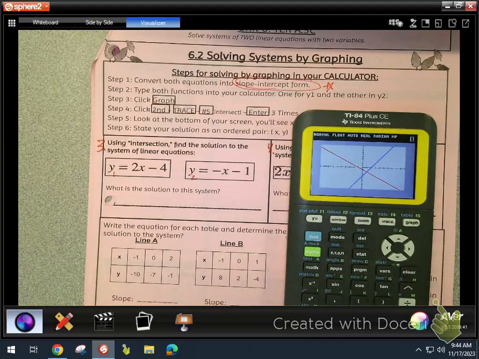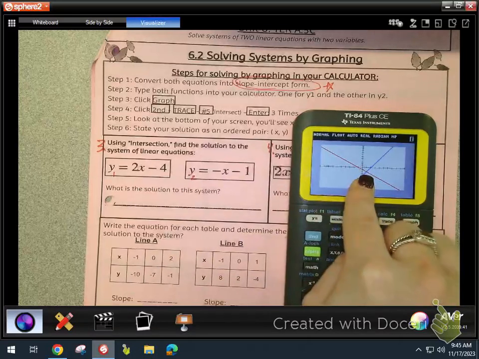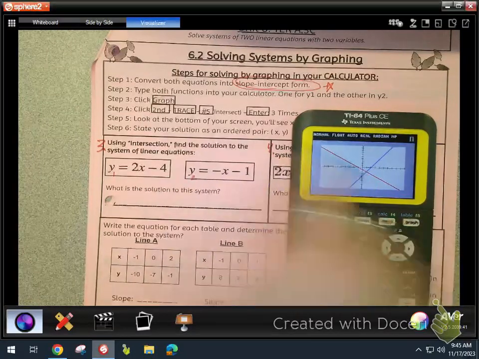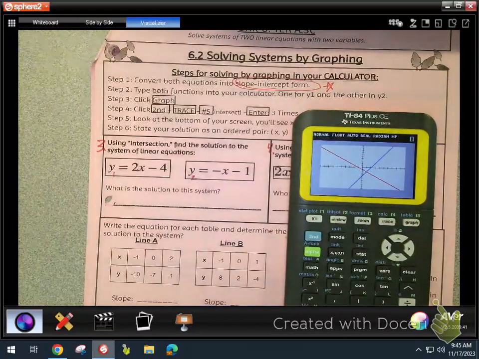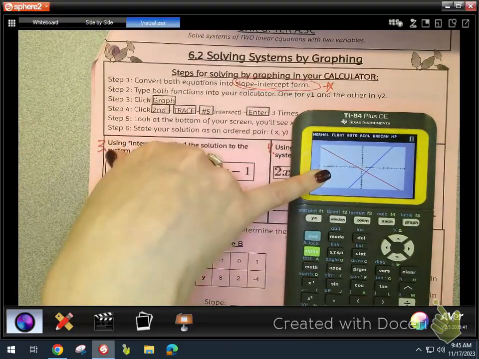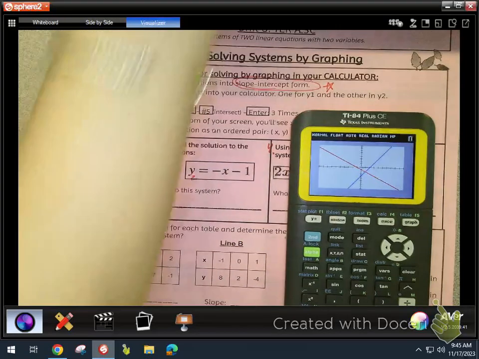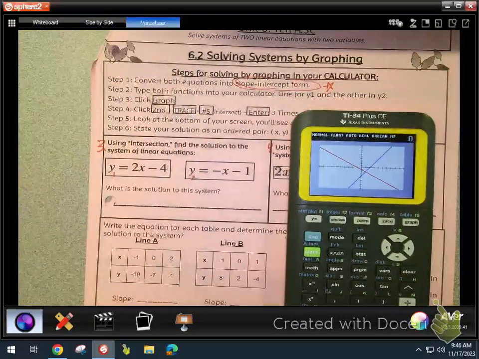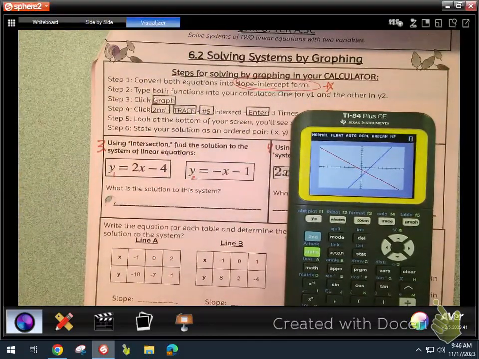Are we going to have 0? Infinite? 1? 1. We can see that they cross one time. They intersect. Everyone with me? Does your graph look like this? No. Then you're not with me. You have to be careful with negative signs and minus signs, so we've got to be careful there.